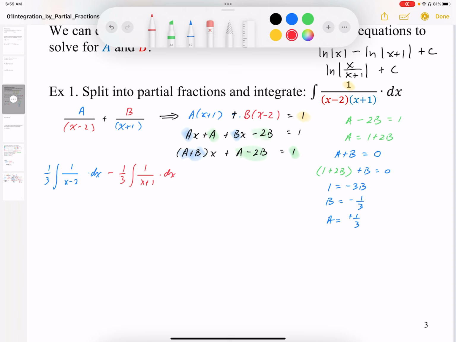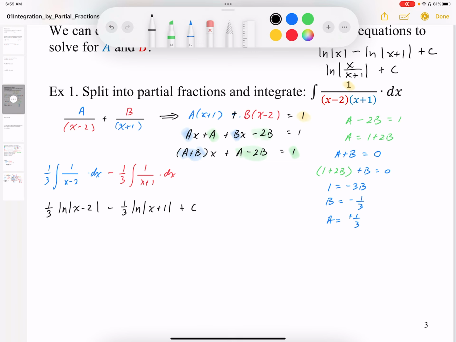With this then, I'm going to anti-differentiate both of these. I end up with 1/3 log x minus 2 minus 1/3 log x plus 1. And then we have our plus c.